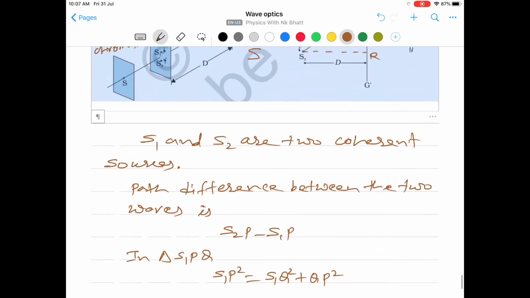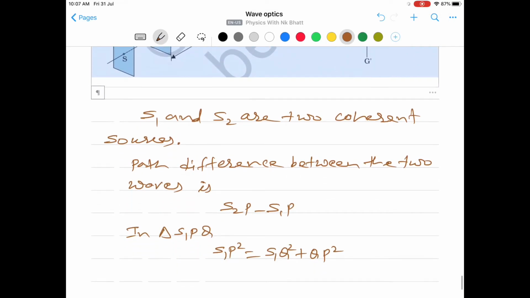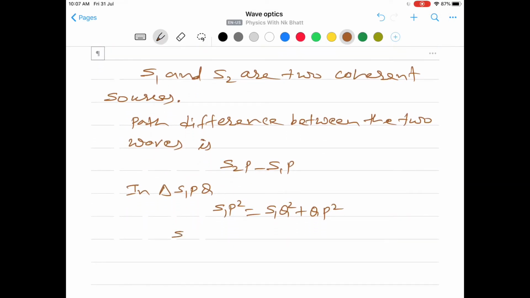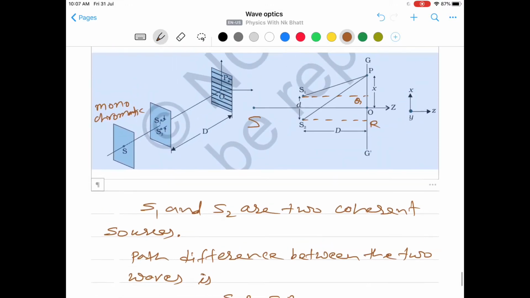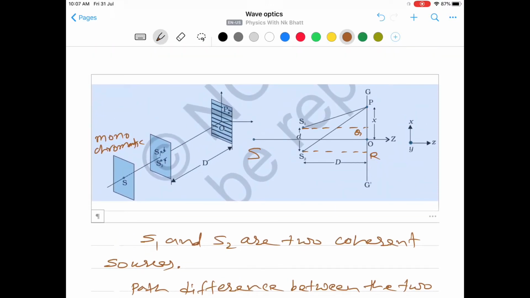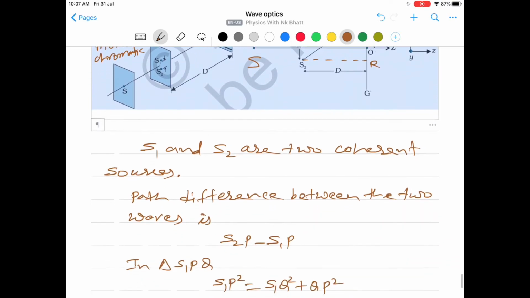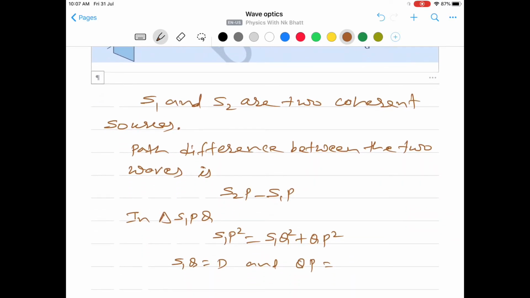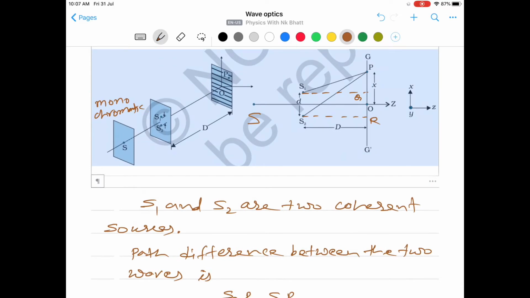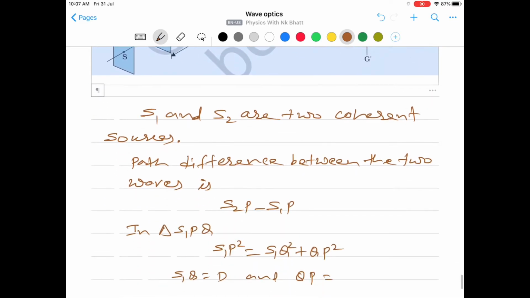S1Q is D and QP is equal to X minus d by 2. This point is symmetrical. The distance between S1 and S2 is small d, so the distance OQ would be d by 2. So QP is equal to OP minus OQ.